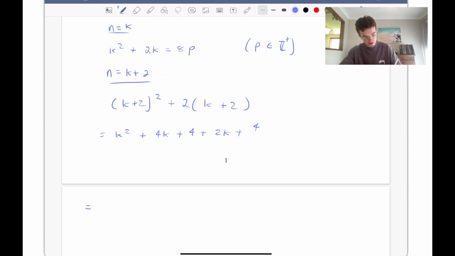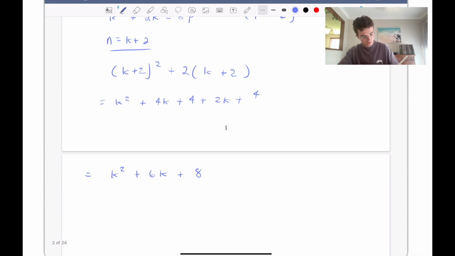So we could say this is k squared, first of all, plus 6k plus 8, but we could say this is k squared plus 2k, separately plus 4k plus 8.